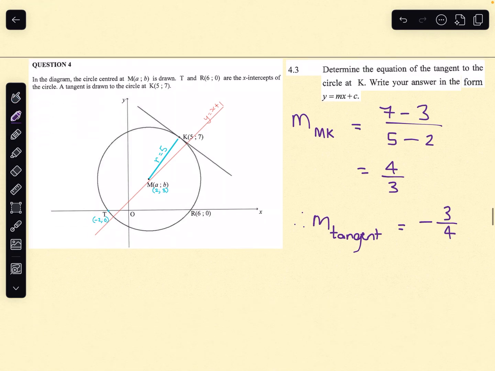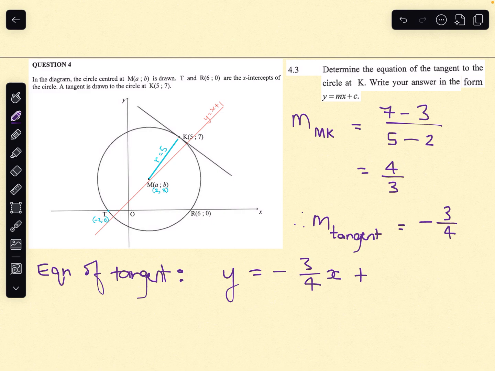And so the equation of the tangent is going to be something like y is equal to minus 3 over 4x plus c, right? And then we can sub in k to figure out the c. So we know that when x is equal to 5, the y coordinate is 7.